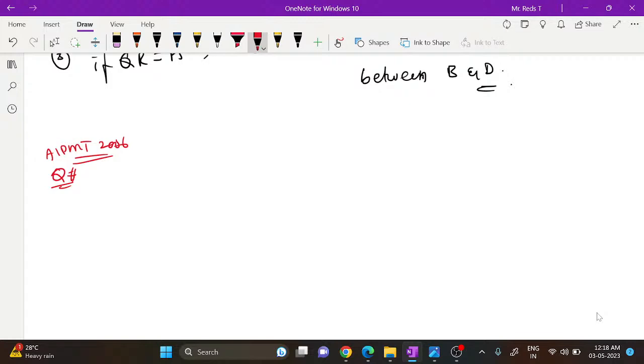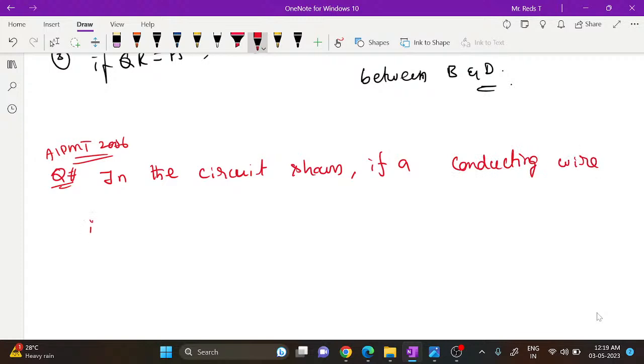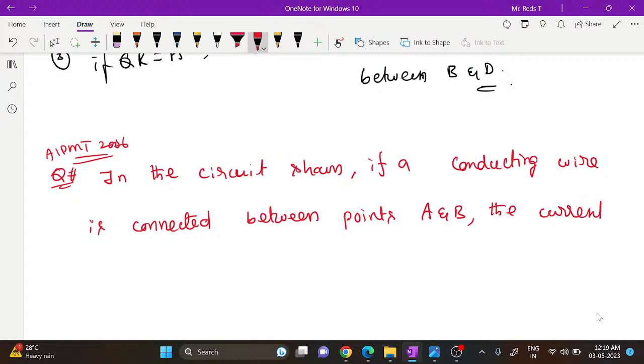In the circuit shown, if a conducting wire is connected between points A and B, then the current in the wire will be... options are given.